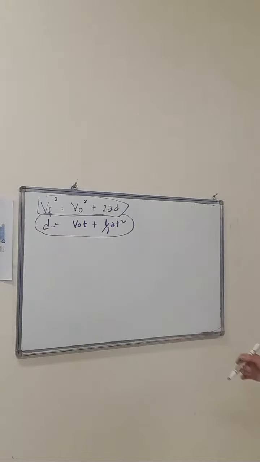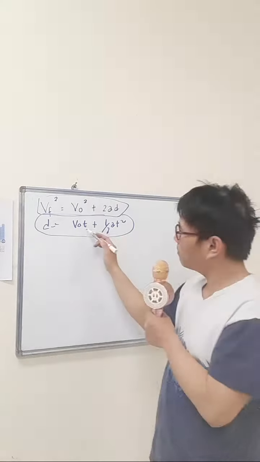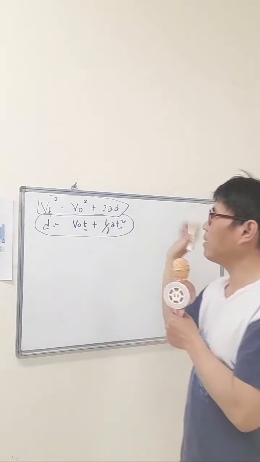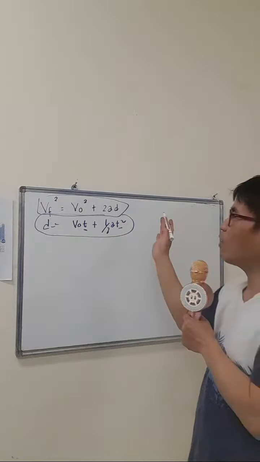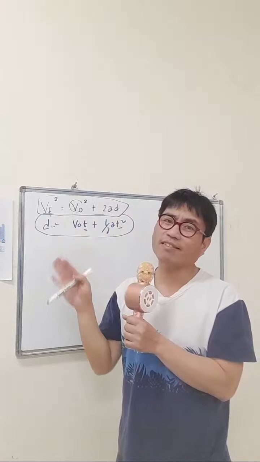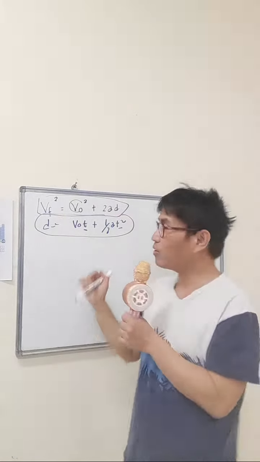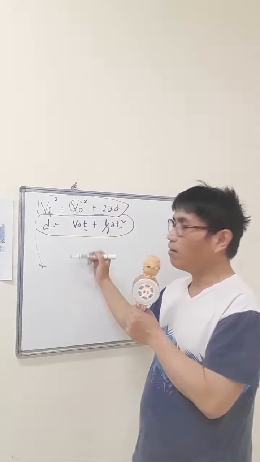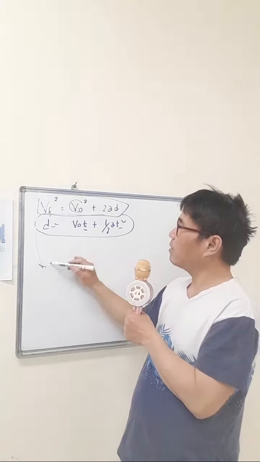Here in the distance there is a direct involvement of time. But in the kinematic velocity, there's no direct involvement of time. It's in the velocity that time will be incorporated because of the formula of velocity, the displacement over time.